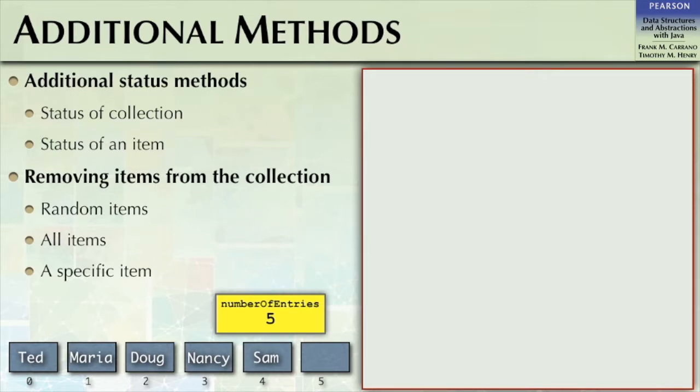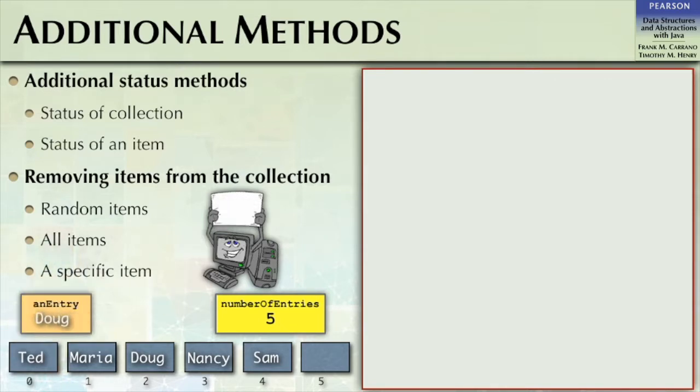Here we have our array that stores the items in our bag. Our client asks us to remove a specific item from the bag. This is our target entry. This item is passed to us in the parameter anEntry. We then compare that item to each item in the bag, starting at the first item.